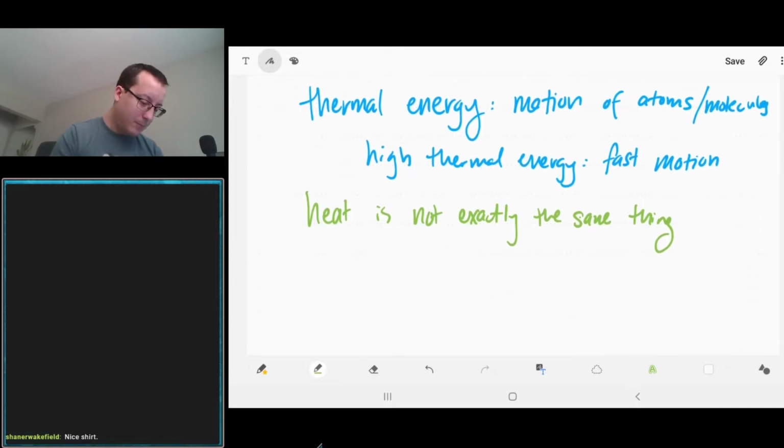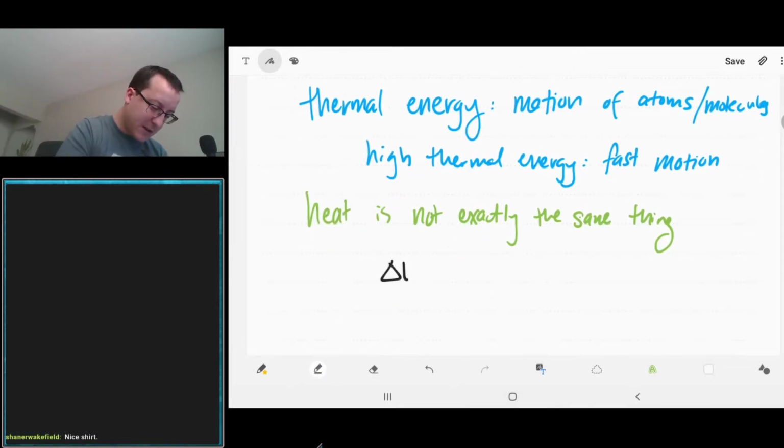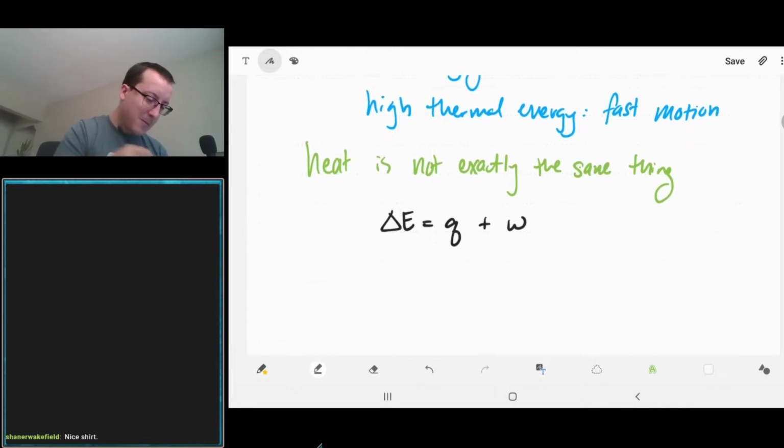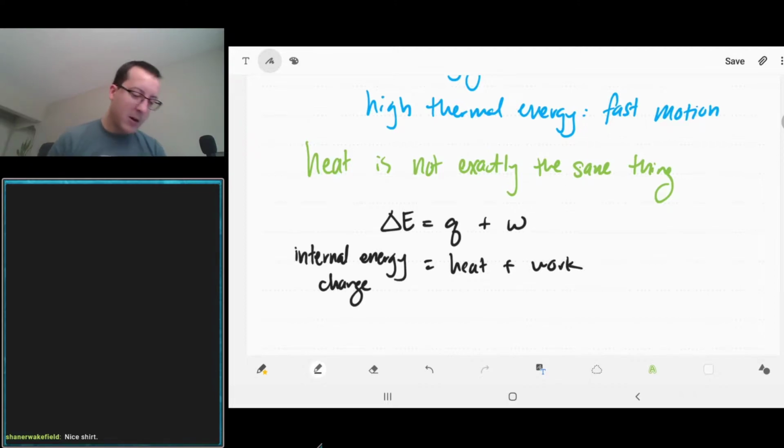So we had a couple of equations yesterday. We remember that the internal energy was equal to the heat plus the work. Right? So if we are using our energy, we could be giving off heat or doing some work.